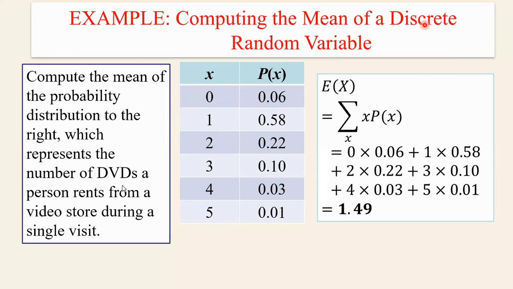So now here we are calculating the weighted average, and for the weights, we are using the probabilities. Right? So in future, we are expecting this number. So it's expected that on average, a person will rent 1.49 DVDs from a video store during a single visit. That's okay.